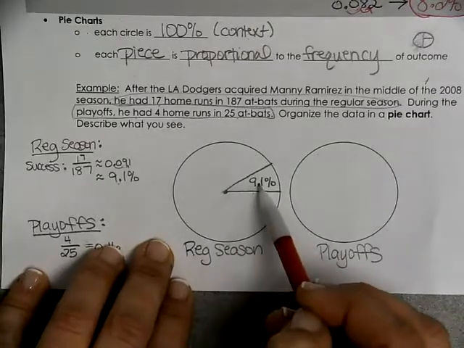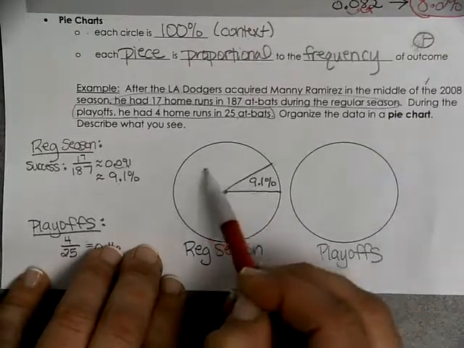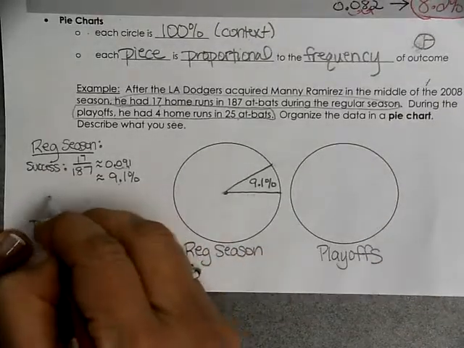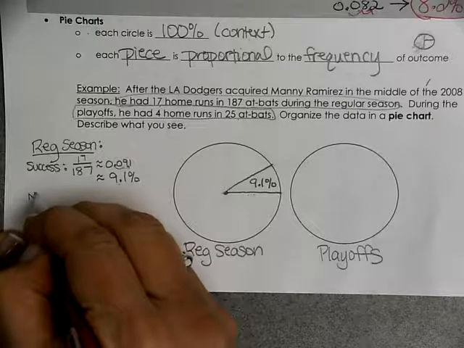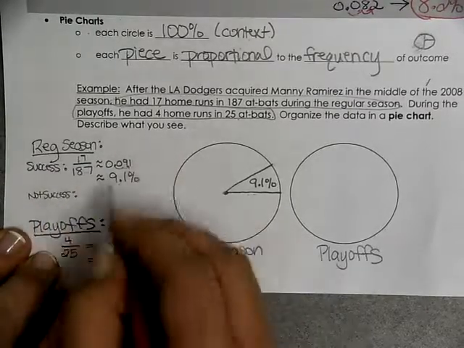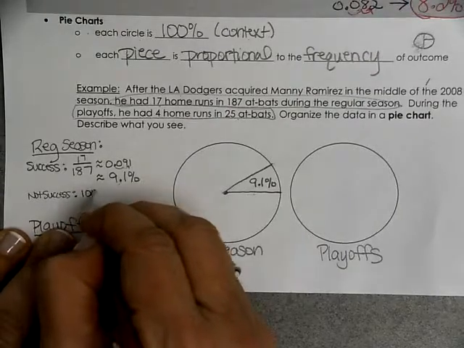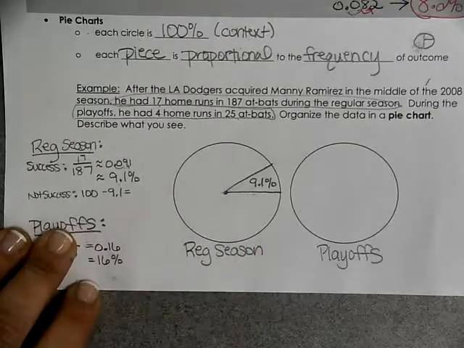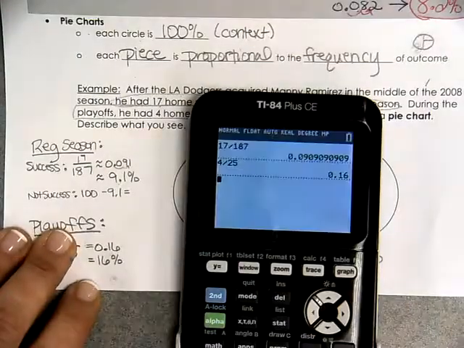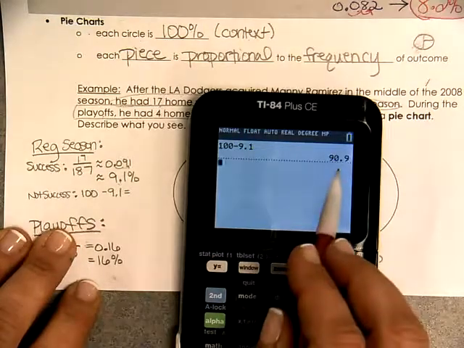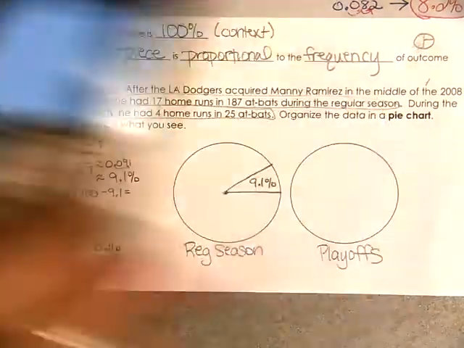So if this little part was 9.1%, what's this other portion going to be? To get the not success, which in this case is not a home run, I should have labeled that better, you're going to take the 100% minus the 9.1%. I'll show you what that looks like. 100% minus 9.1 gives us 90.9%.